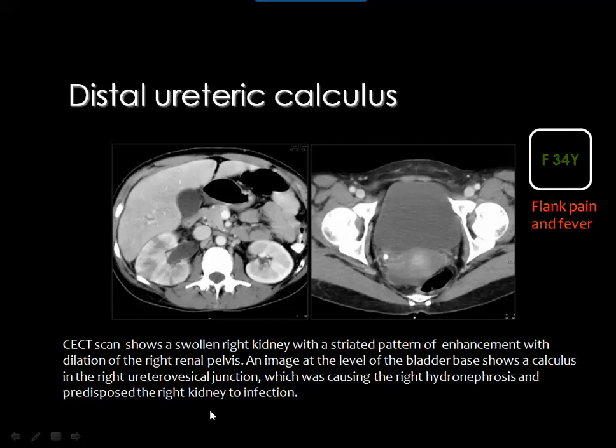And here you see that there is a radiopaque calculus at the terminal part of the ureter. There is distension of the renal pelvis and inability of the kidney to excrete contrast media. You should know that this is not contrast because the renal pelvis does not contain contrast material, as you can see here.